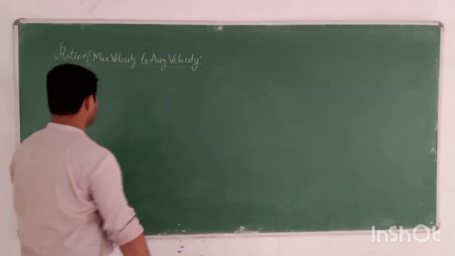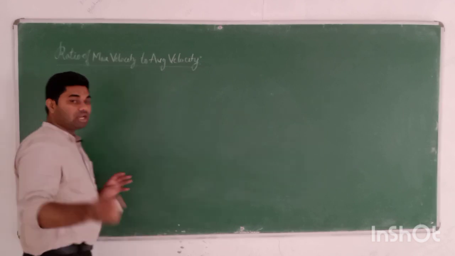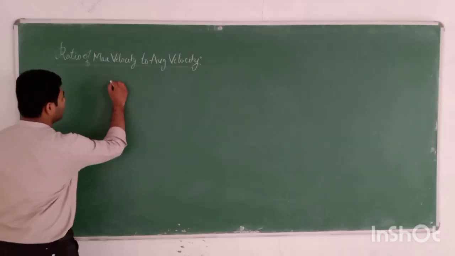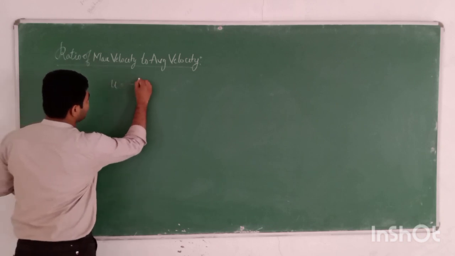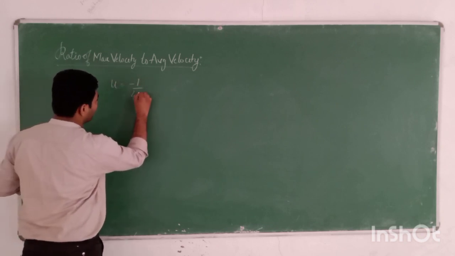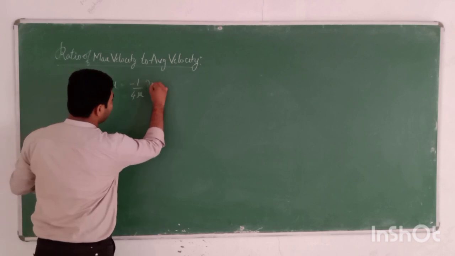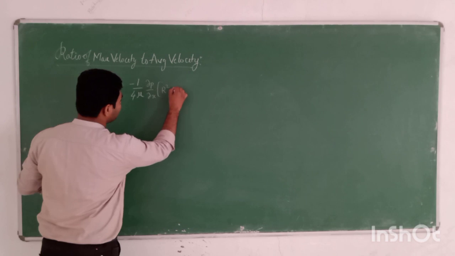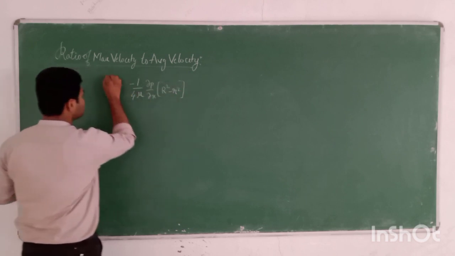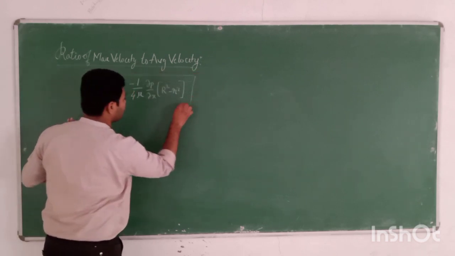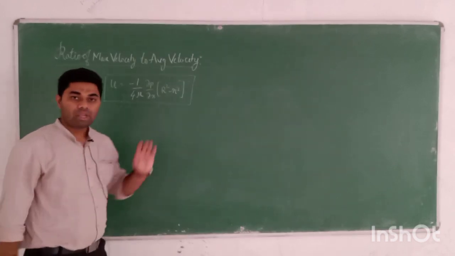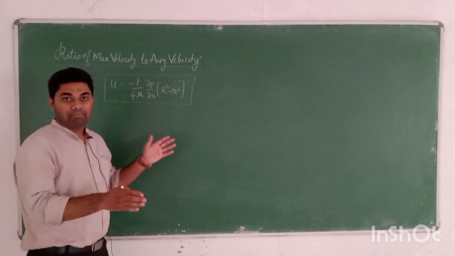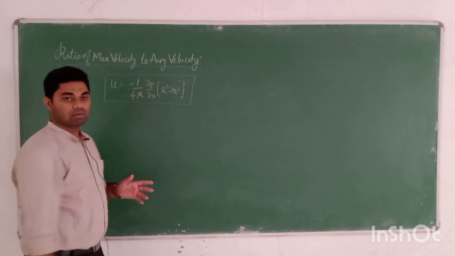Velocity is nothing but minus 1 by 4 mu delta p by delta x into (capital R square minus small r square). This is the equation of velocity of flow in laminar flow flowing through a circular pipe.